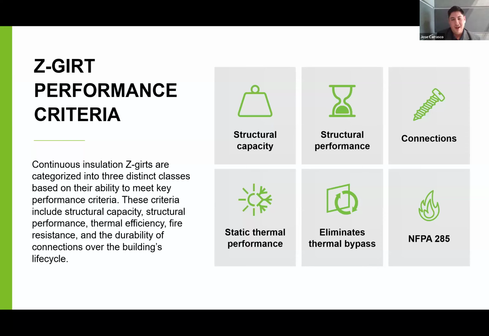So starting off with structural capacity before anything is installed on the building: are the Z-girt systems themselves designed and engineered to meet the demanding loads that may need to be carried on that building? Starting with installation and from a structural performance standpoint, how do all these different materials and bits and pieces work together once they are installed, and how well do they perform up to their intended purpose throughout the life cycle of a building?